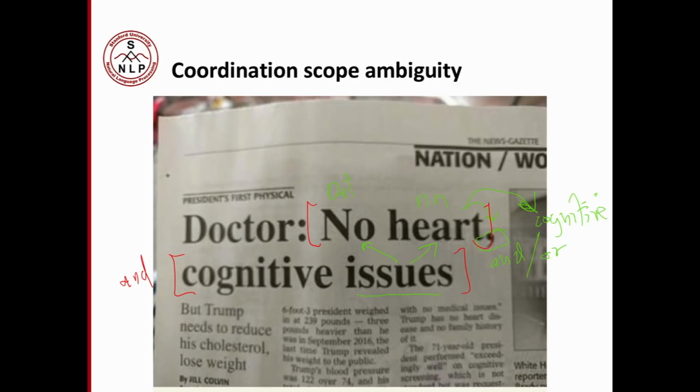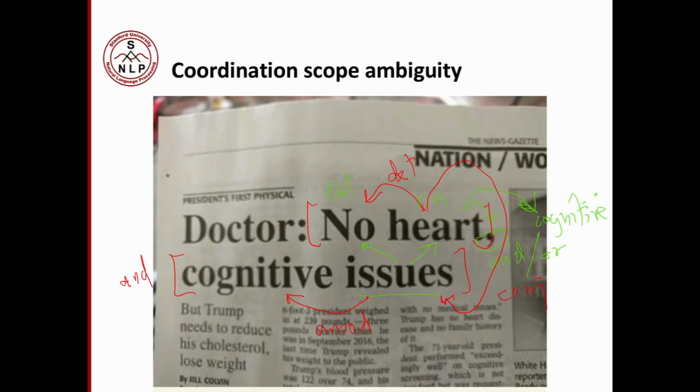At that point, cognitive is an adjective modifier of the issues, and the determiner no is just a modifier of heart, and then these are being conjoined together. So heart has a coordinated dependency of issues. Okay, that's one.